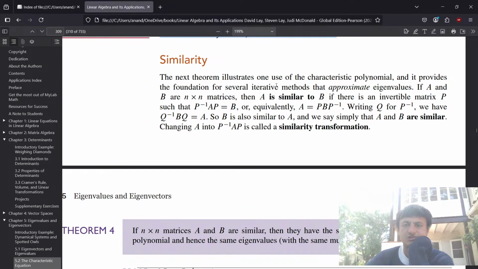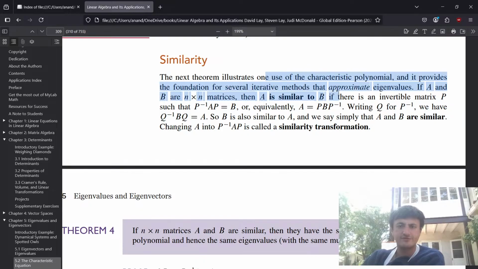The next theorem illustrates one use of the characteristic polynomial, and it provides the foundation for several iterative methods that approximate eigenvalues.